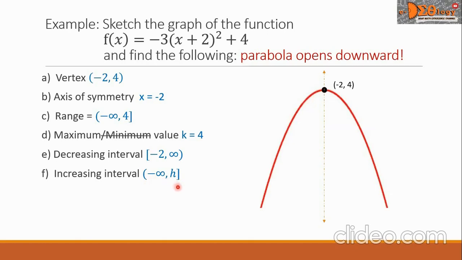We will just substitute the h value with the x coordinate of the vertex. So our answer is negative infinity up to -2. We use the square bracket here and also the parenthesis because we know every time there is infinity, always the parenthesis is used.